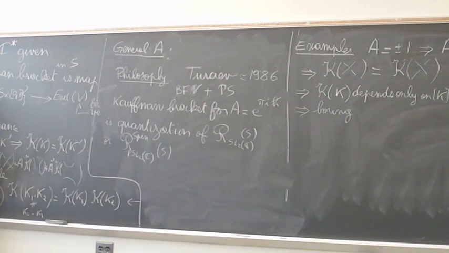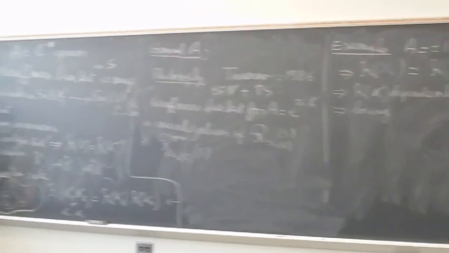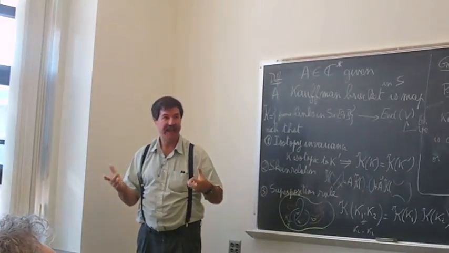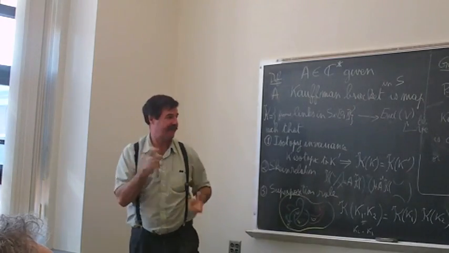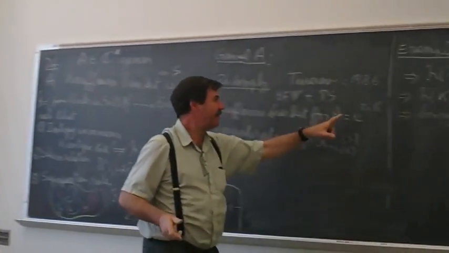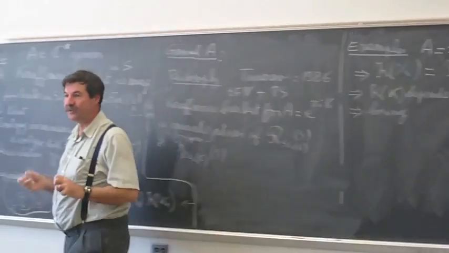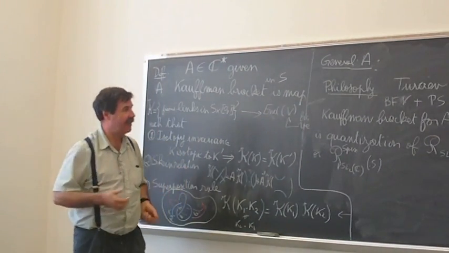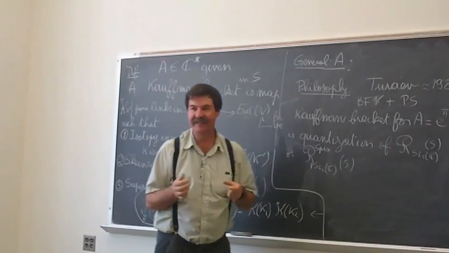I'm going to stick with words, and again, this is really meta-mathematics. A quantization is that you have a space and you look at the algebra of functions on that space. The algebra of functions is a commutative algebra, and then you deform it using a parameter h to a non-commutative algebra.